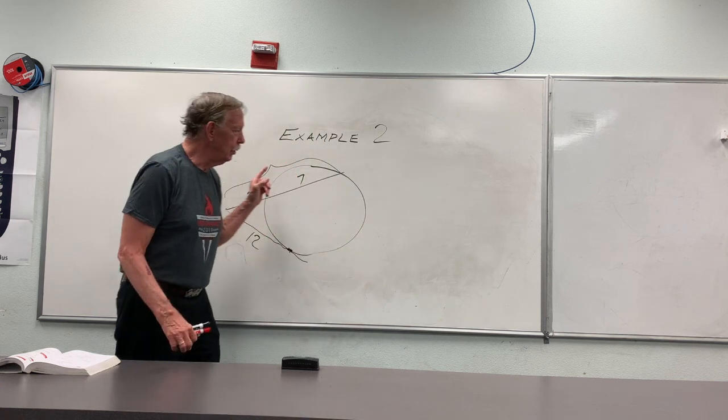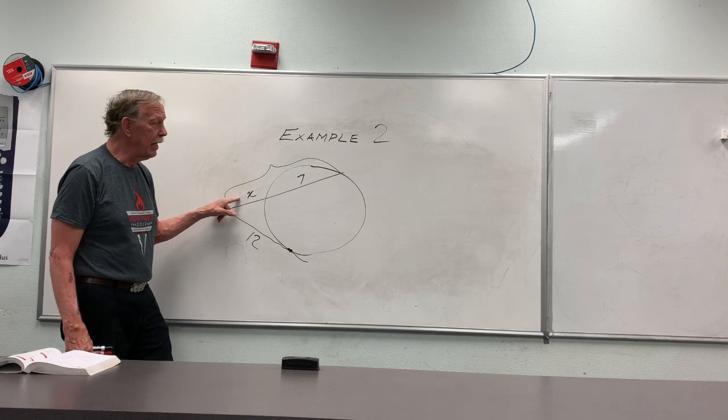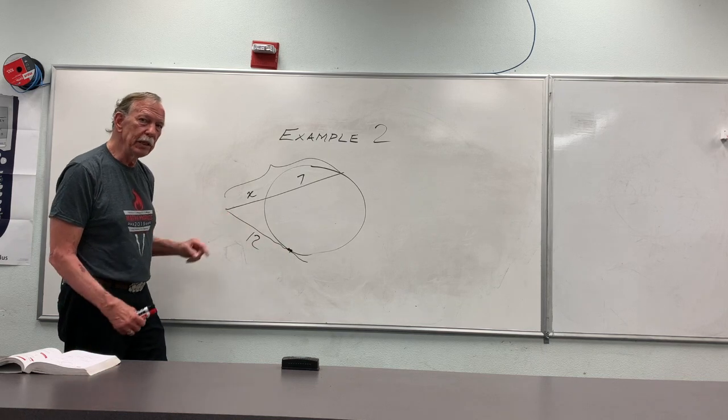In example 2, we have a secant where we know the piece outside is x, the piece inside is 7, and the length of the tangent is 12.